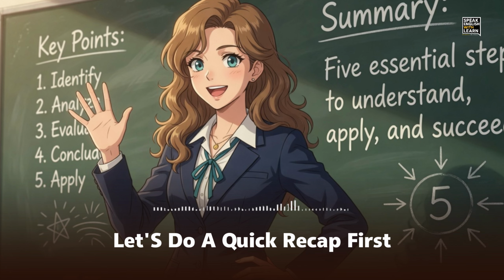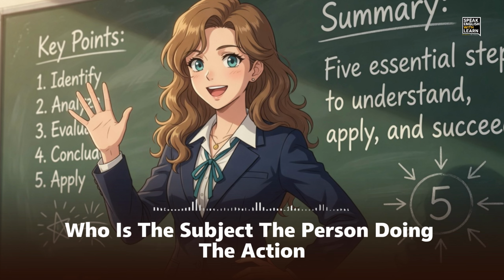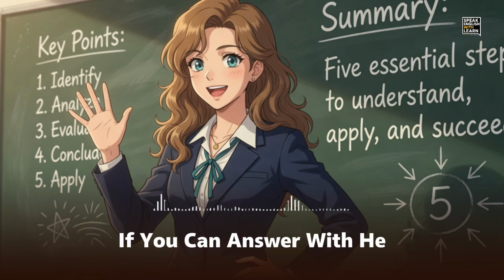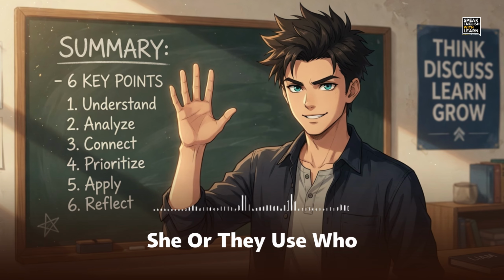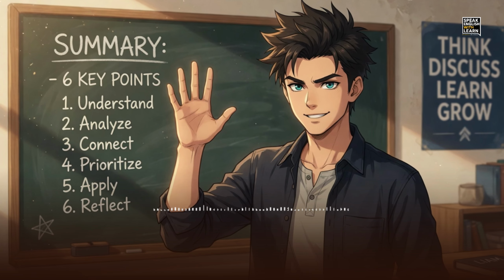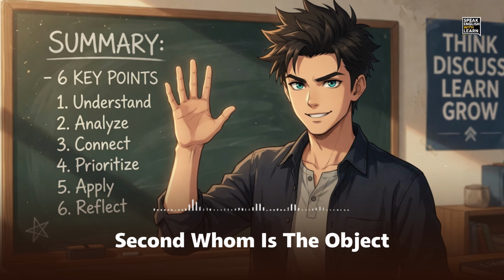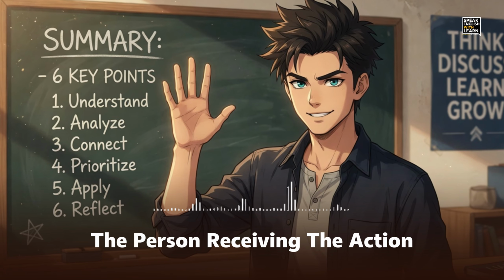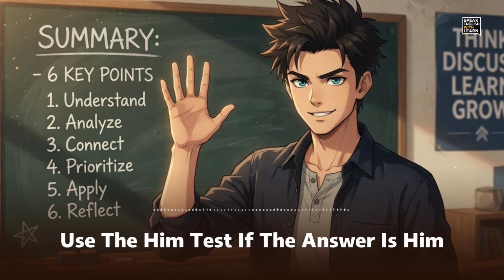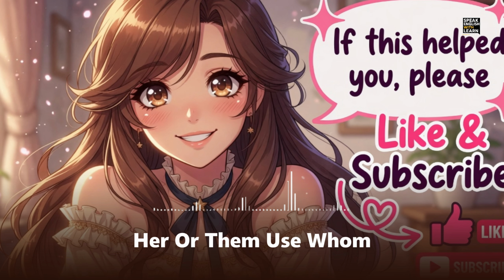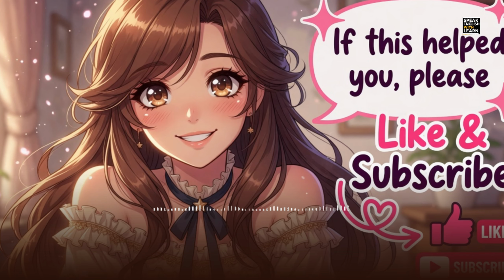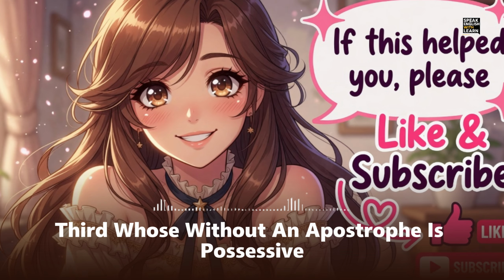Let's do a quick recap. First, who is the subject, the person doing the action. If you can answer with he, she, or they, use who. Second, whom is the object, the person receiving the action. Use the him test. If the answer is him, her, or them, use whom. Third, whose, without an apostrophe, is possessive.